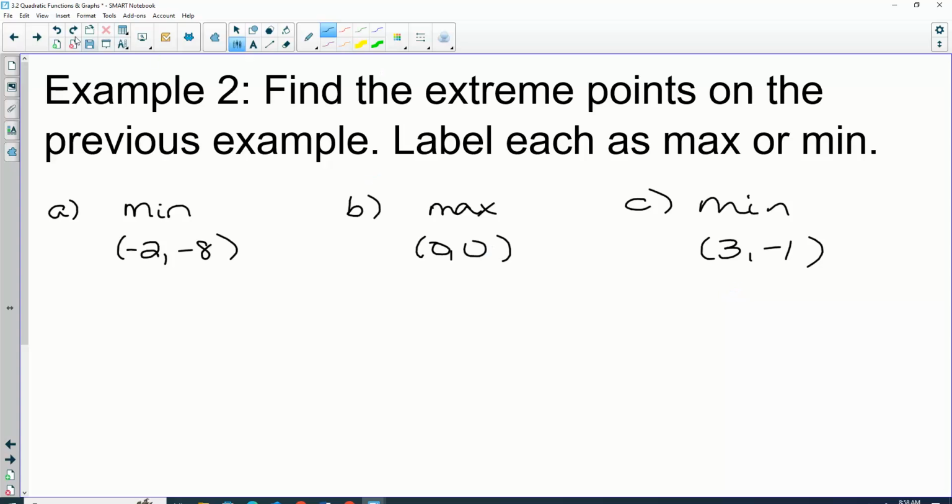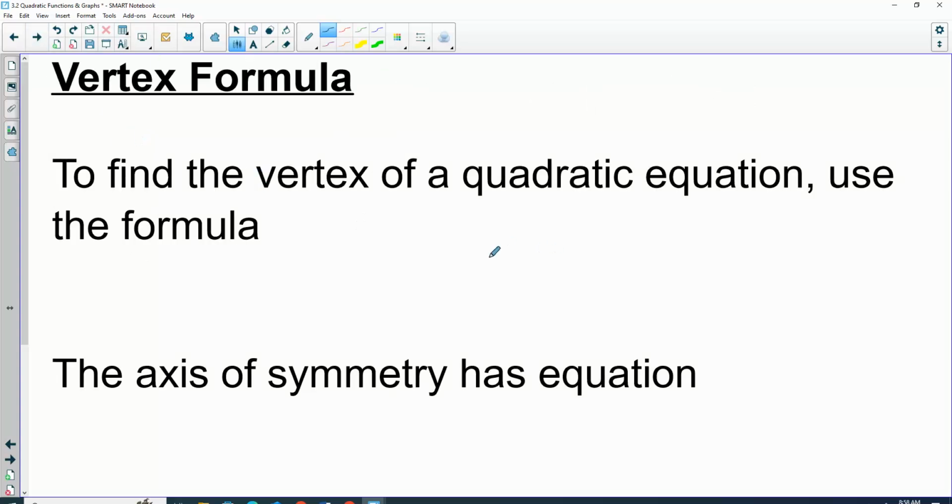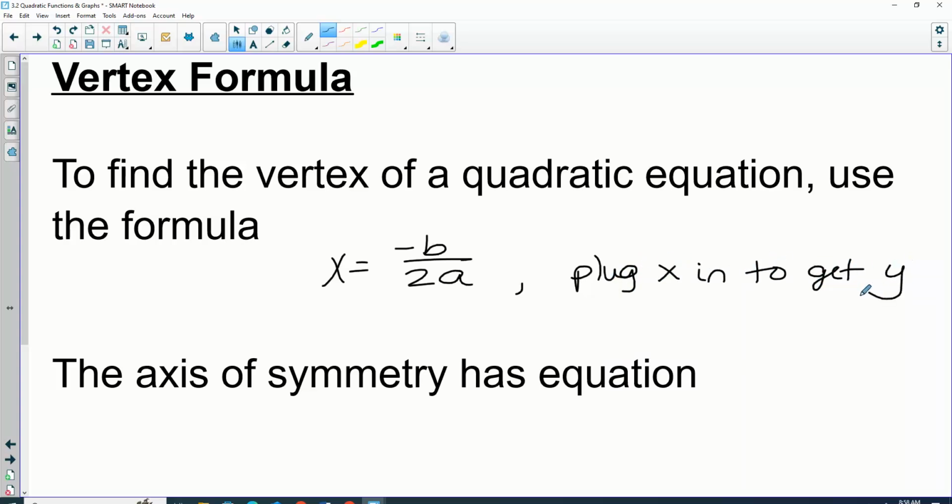If we are just looking for the vertex of a quadratic equation, we are going to use the formula x equals opposite of b over 2a. We'll use that to find x, and then we will plug x in to get y. Because a vertex is an ordered pair, so you have to have an x and a y.